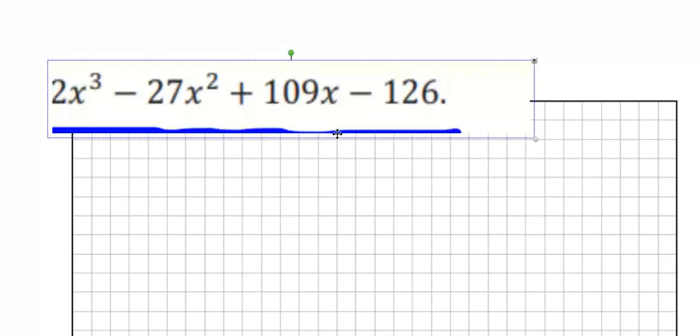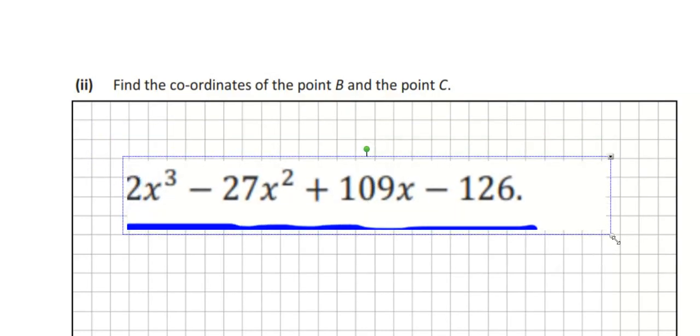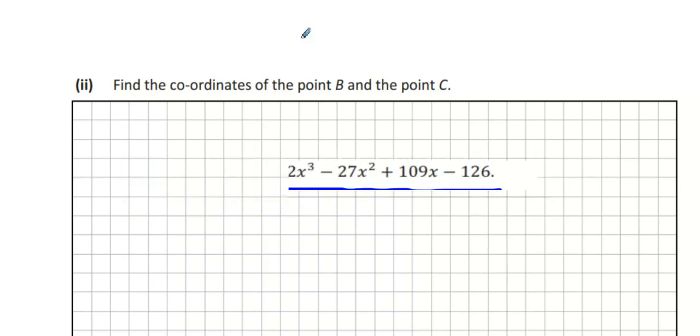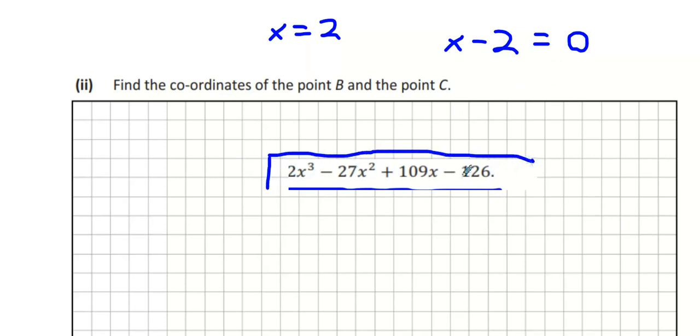Now, we're going to get this, and we want to find out the other 2 points it hits the axis. So if x equals 2 is a root, then x minus 2 equals 0 is a factor. So this means that this will long divide by x minus 2. And we do divide, multiply, subtract, and drop.